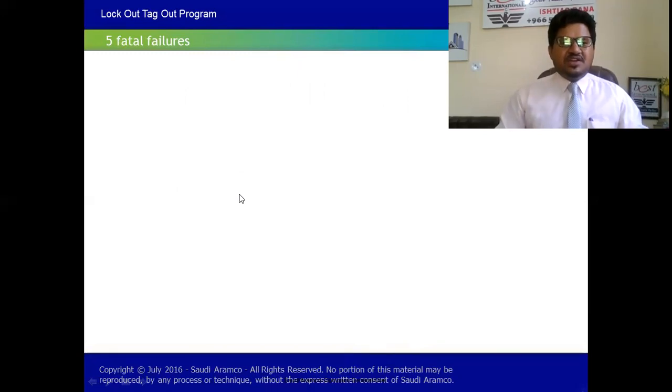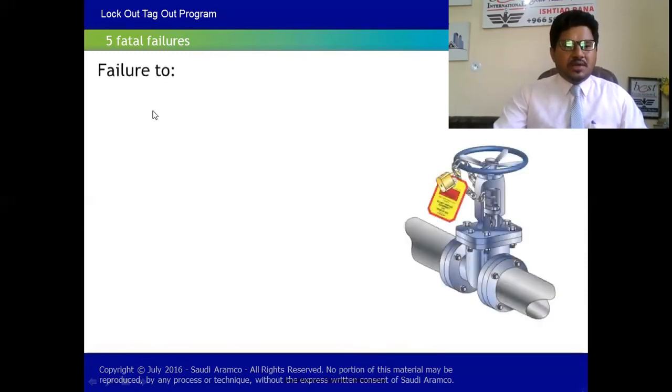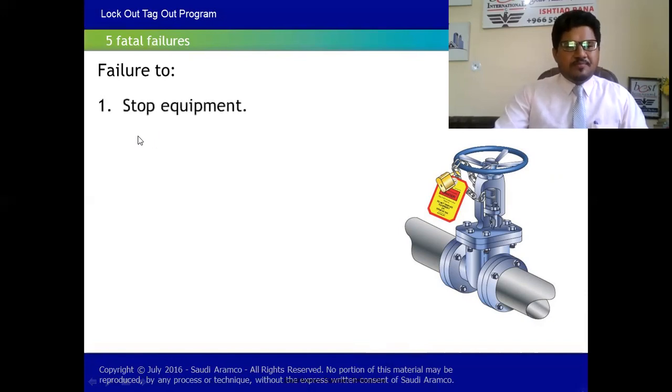That means 100% safety still is a big question mark. But anyhow, we truly need to understand what 5 fatal failures could still be there if you don't do your job with better perfection. So, failure to what? Stop equipment, it's a fatal failure.